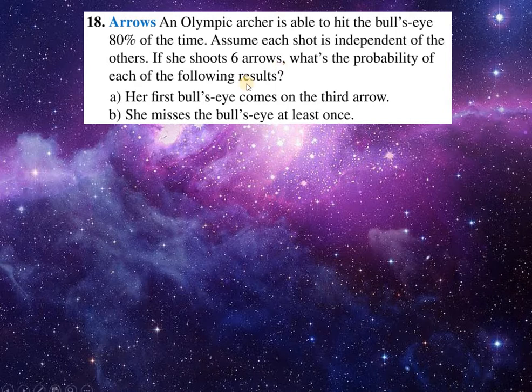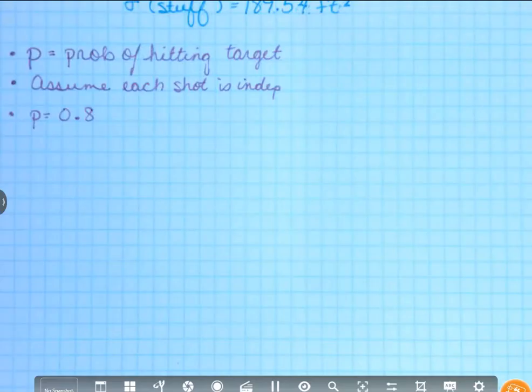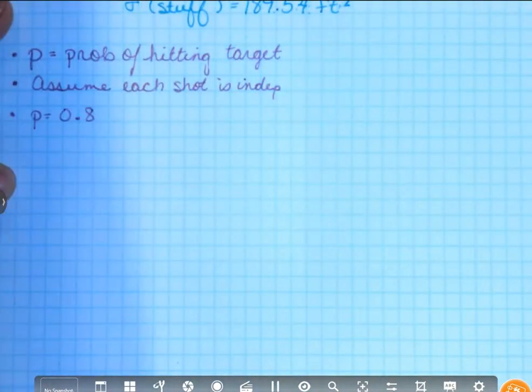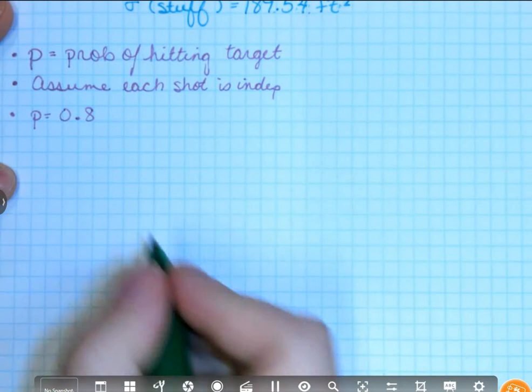Right. First bullseye comes on the third arrow, so that is geometric. Misses the bullseye at least once, that is binomial, because no matter what, we're talking about all 6 shots. So that means I really kind of have 2 different variables going here. I'm just going to identify them right from the get-go, so we only have to do it once.